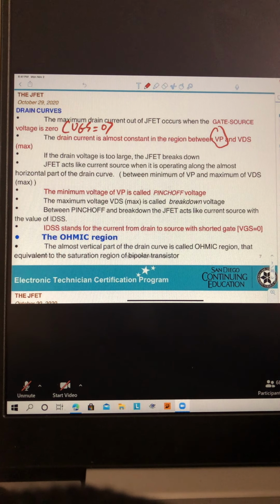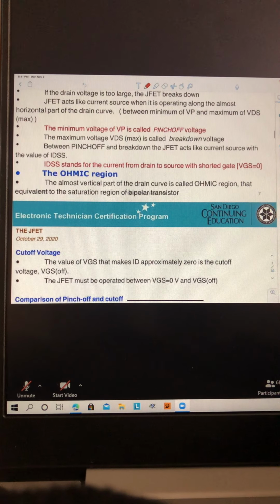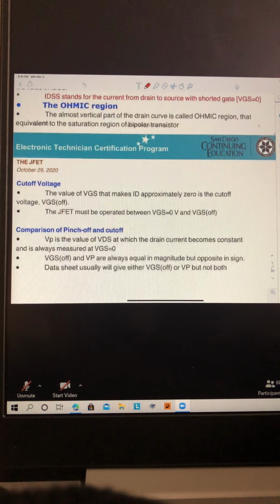The drain-to-source current with the gate shorted, meaning the gate is shorted to ground. The almost vertical part of the drain curve is called the ohmic region, equivalent to the saturation region in the bipolar transistor.